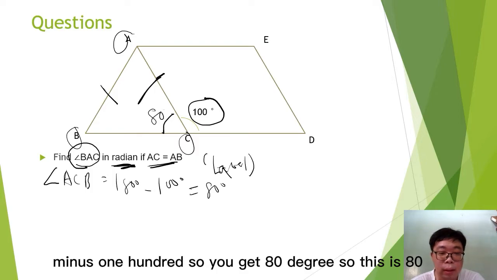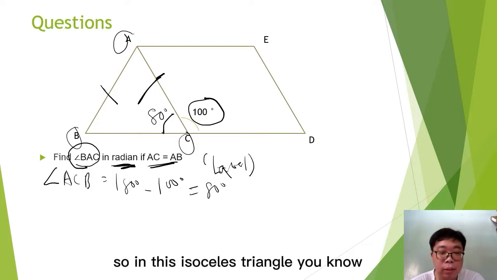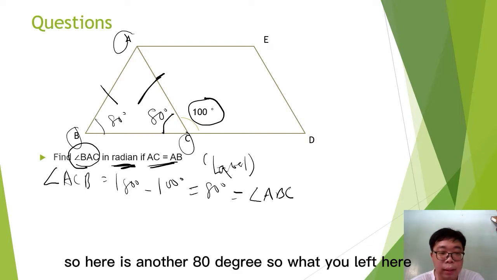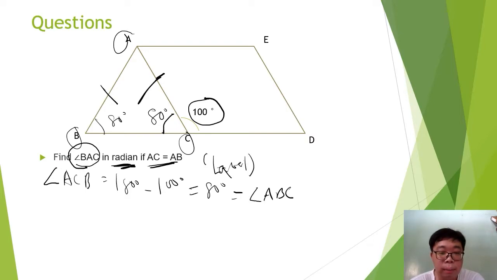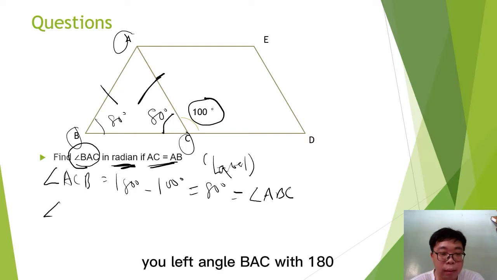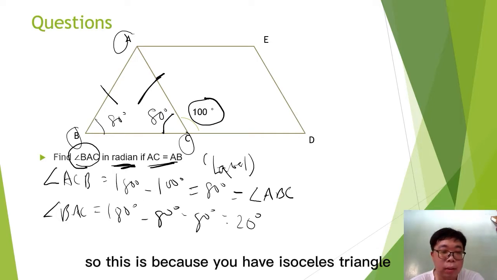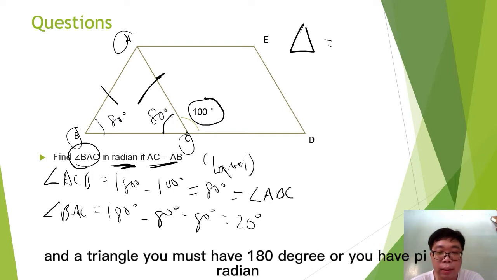In this isosceles triangle, you know angle ACB is equal to angle ABC, so here is another 80 degree. What you have left is angle BAC, 180 minus 80 minus 80, so you get 20 degree. This is because in a triangle you must have 180 degree or pi radian.